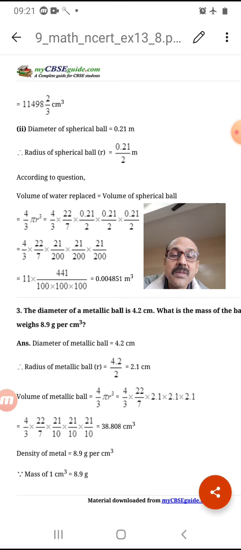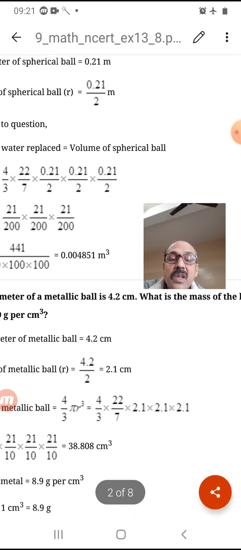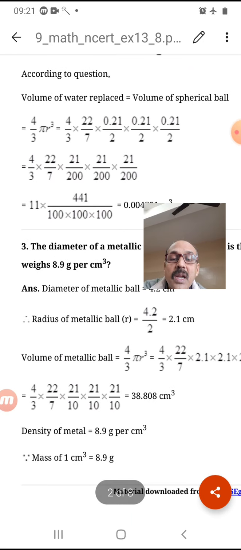of unit centimeter cube. Centimeter cube unit means volume, so we know 4 by 3 pi r cube, and r is 2.1, so 4 by 3 22 by 7 into 2.1 into 2.1 into 2.1.